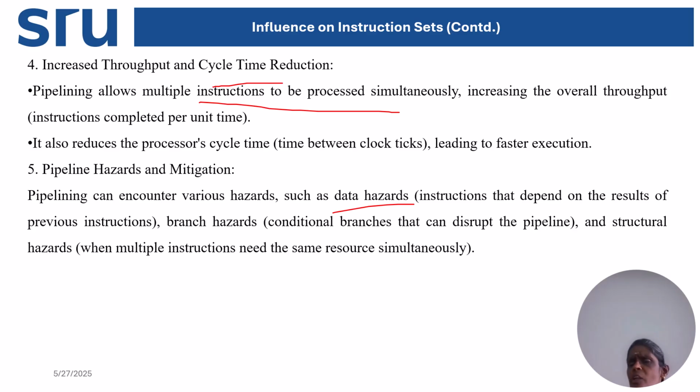Then structural hazard: insufficiency of the resources for the pipelining operation. When the task is performed and the available resources are not sufficient, it is known as a structural hazard.